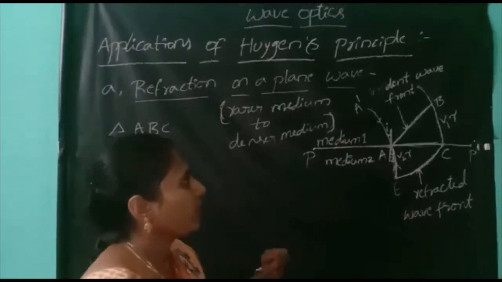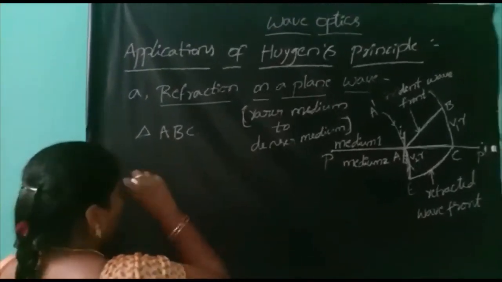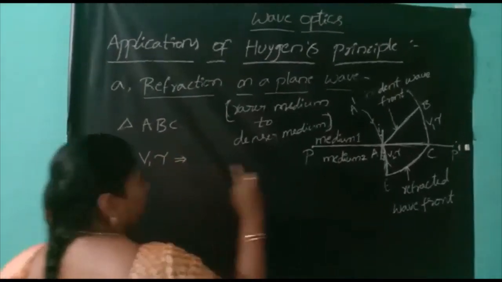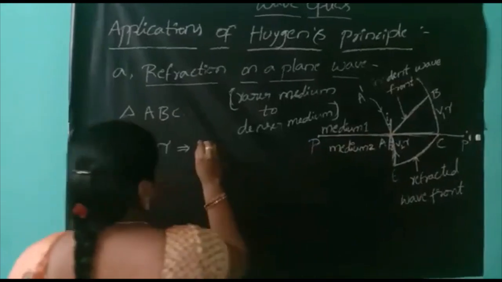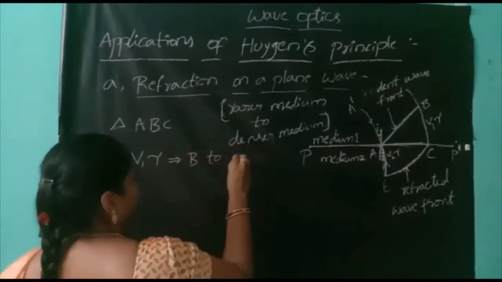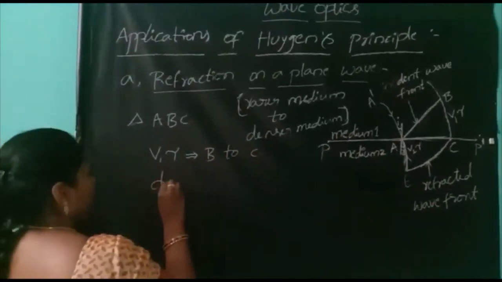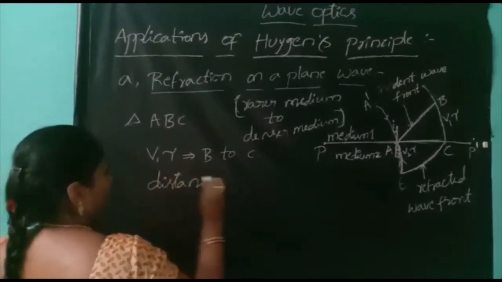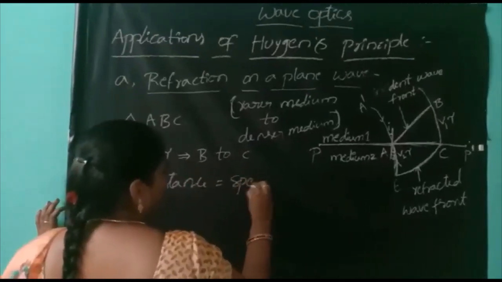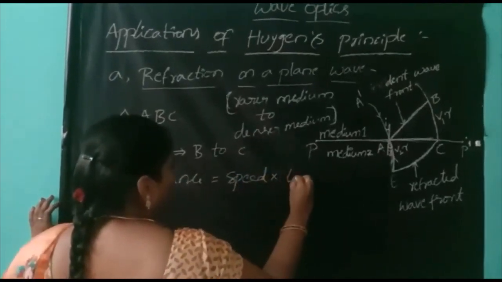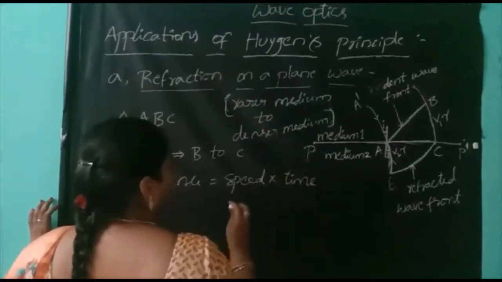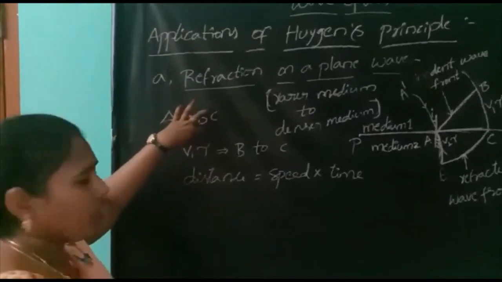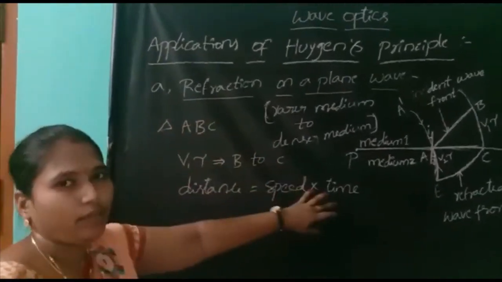V1 times tau, where tau is time, is the distance from B to C, since distance equals speed into time.